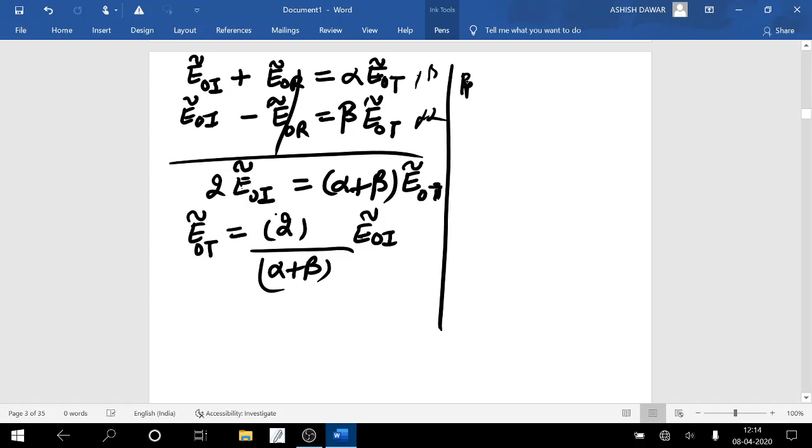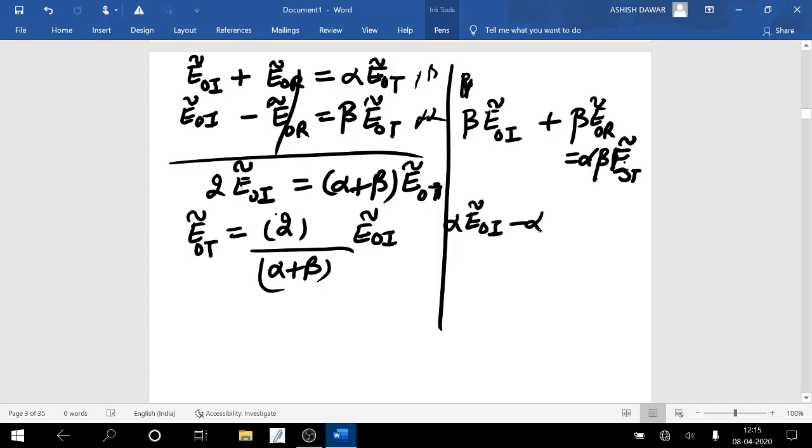Beta E0i plus beta E0r equals alpha beta E0t, and the second equation alpha E0i minus alpha E0r equals alpha beta E0t. On subtracting, the terms cancel out.